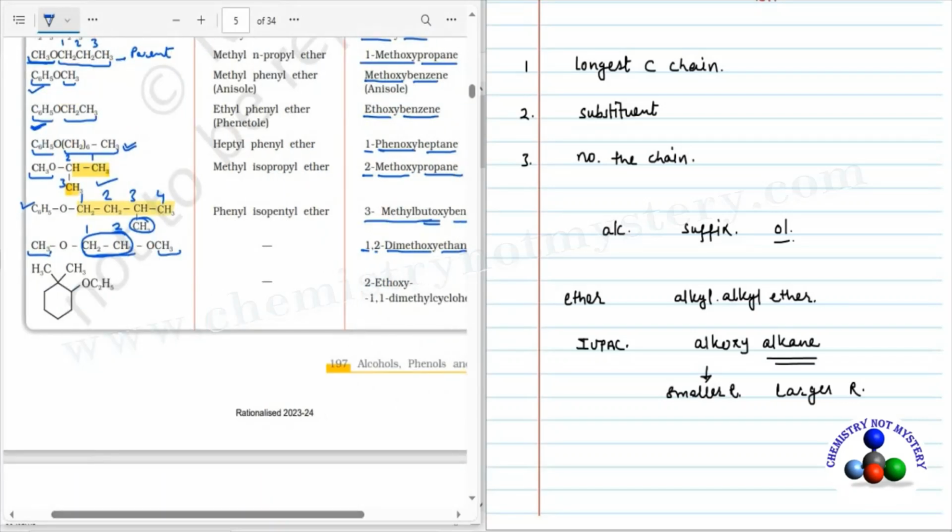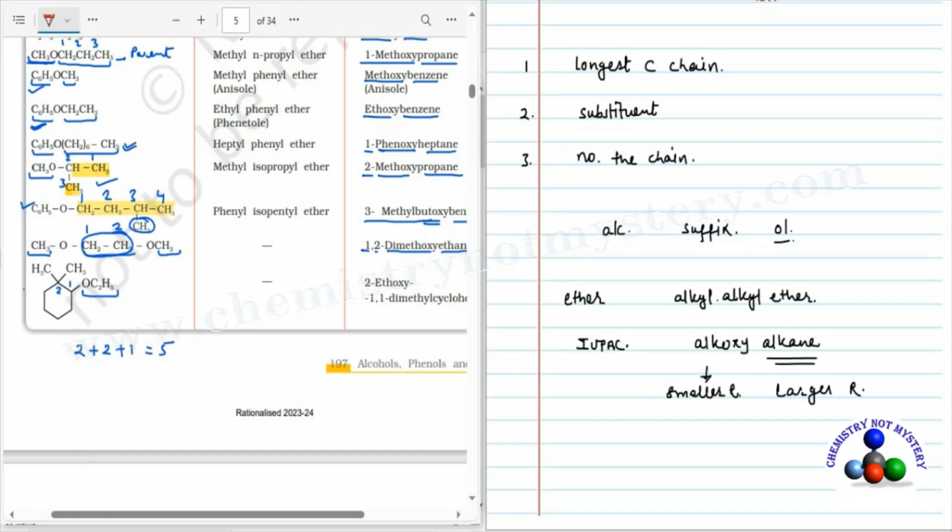Now come to the next example. Here this is cyclohexane with O C2H5. So obviously this will be considered as the alkoxy part, and this is the parent. If we number this carbon as 1 and this as 2, these two methyl will get number 2, so 2 plus 2 plus 1 for oxy, you will get 5.